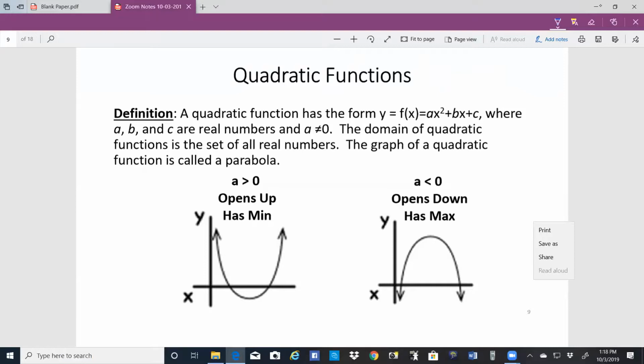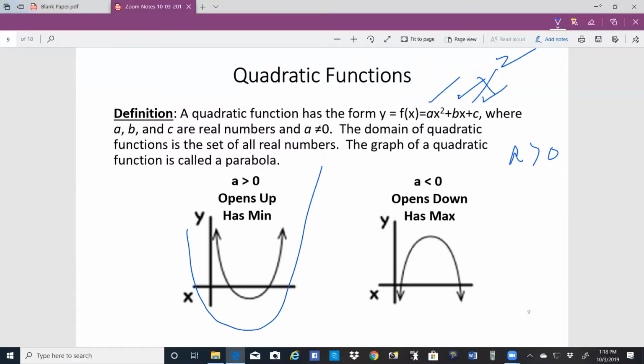But a quadratic function is one that has x squared in it. And it can look different ways depending on A, B, and C. But one thing to remember: if A is more than 0, it's going to go up like that. It may start here, it may be here, it could be here, depending on what A, B, and C are.